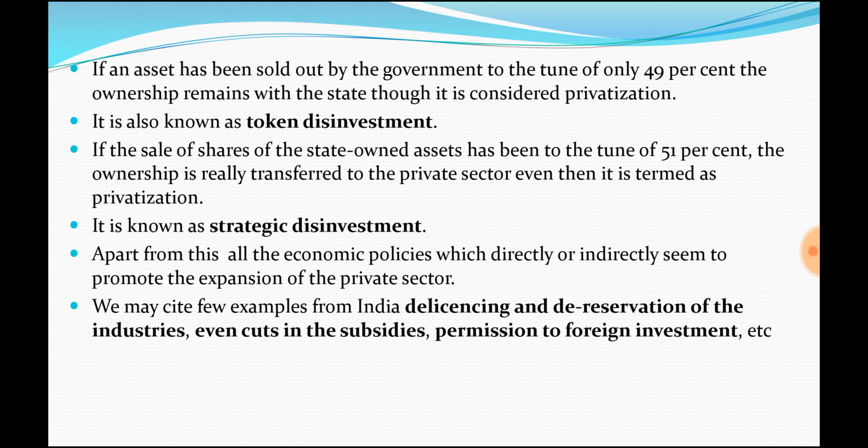In this case the ownership changes to the private sector. When the public sector company sells more than 50% of its assets, naturally the ownership changes to the private sector. This is the real privatization. But in India, both token disinvestment and strategic disinvestment are considered privatization.